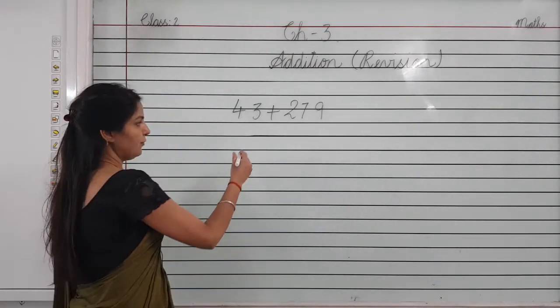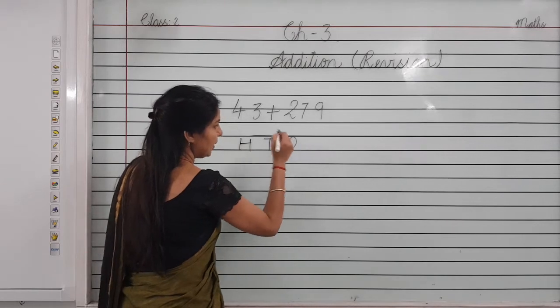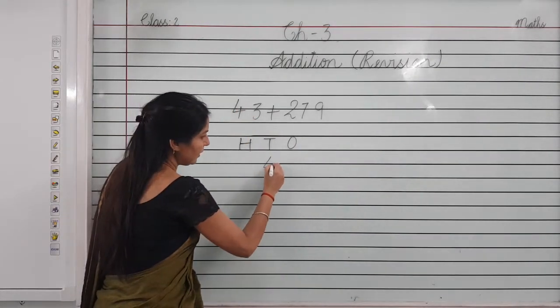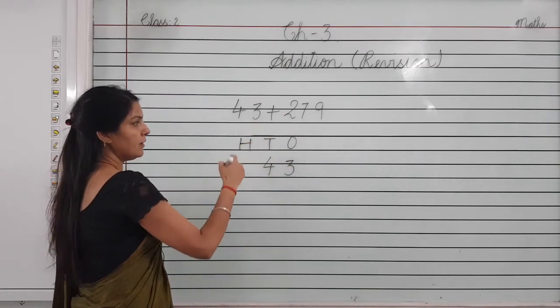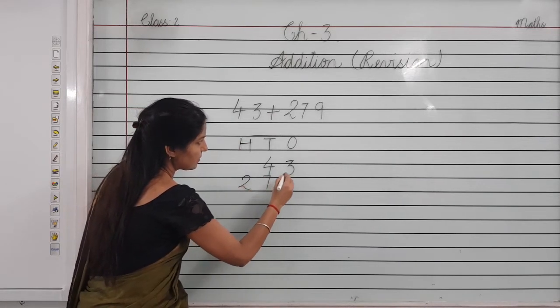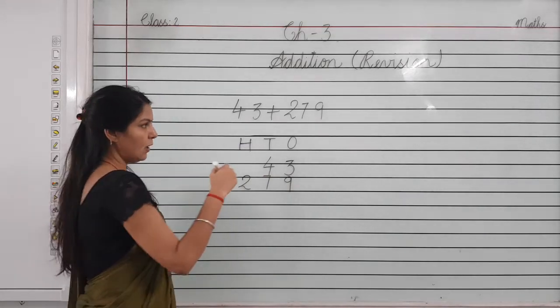If you want to write 43 first of all, then you have to arrange these numbers properly in column. In 43 only 2 digits, so we will arrange this like this, and in 279 you have to write the digits like this. And in other, how can you write?